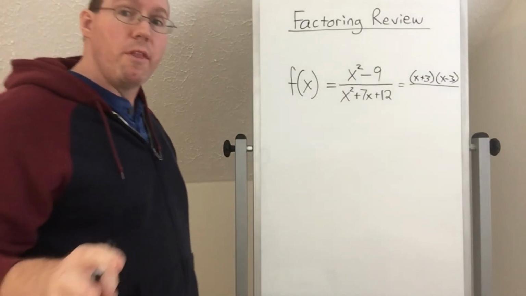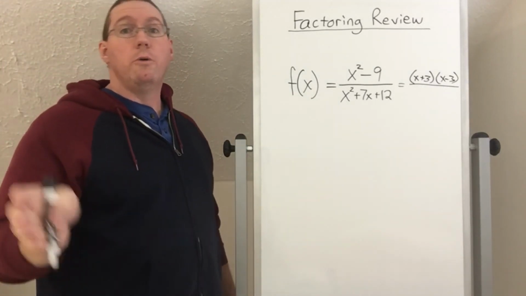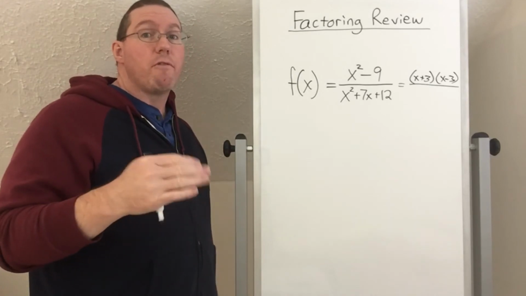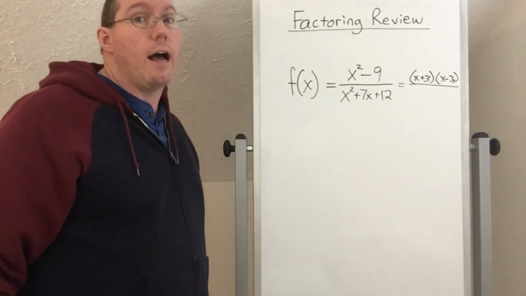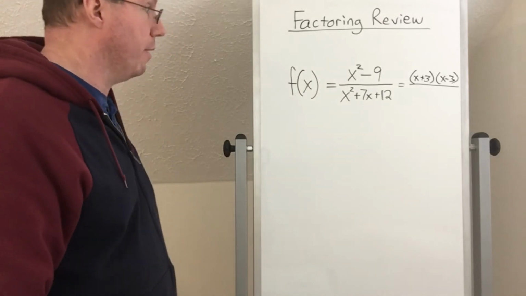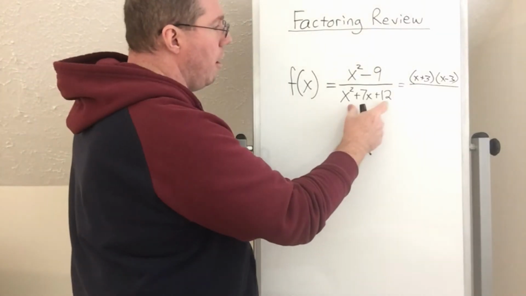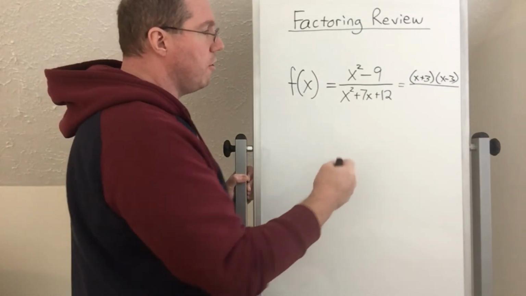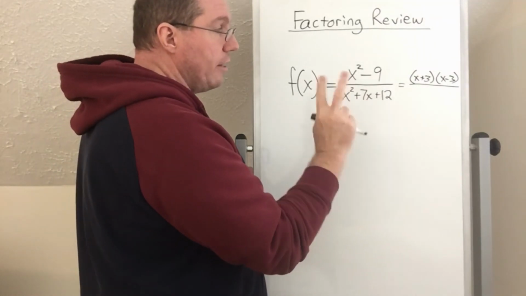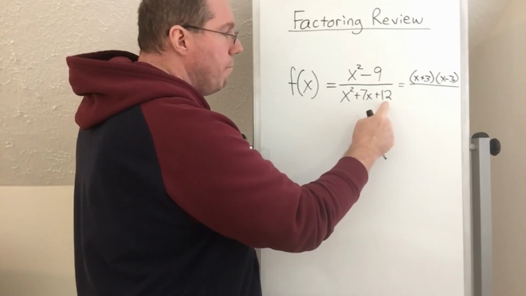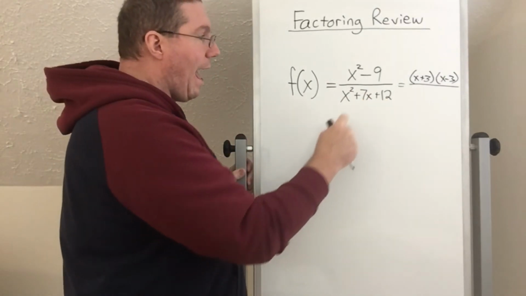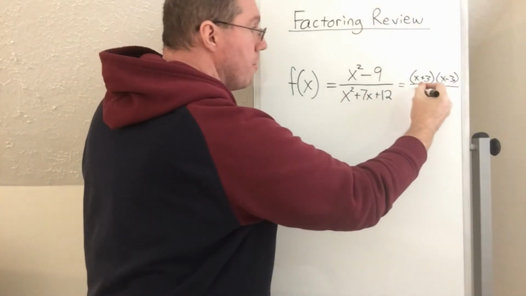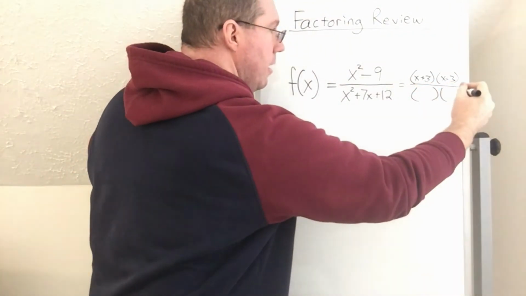If you need more review than that, you may want to go find my videos from college algebra, where I do several videos on different kinds of quadratic factoring. This one here, we're going to do product-sum factoring. This is a situation where all we have to do is find two numbers that multiply to 12 and add up to 7, and those are the numbers we'll have in the two binomials.